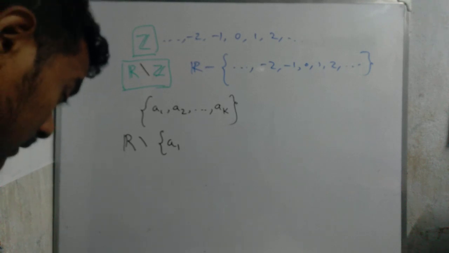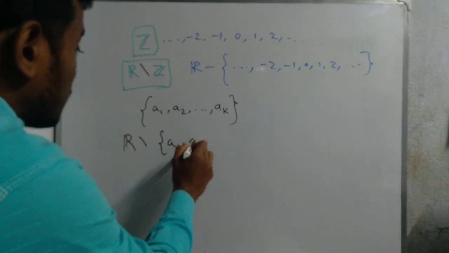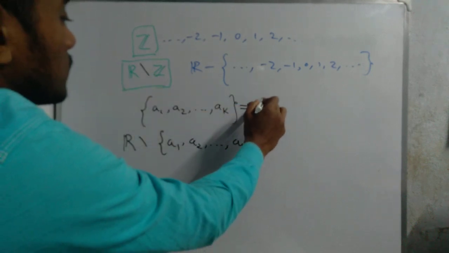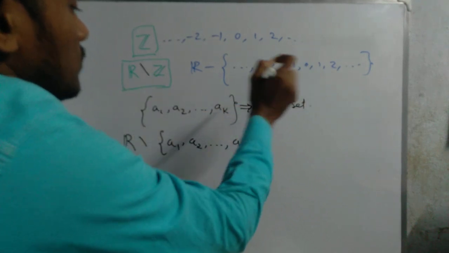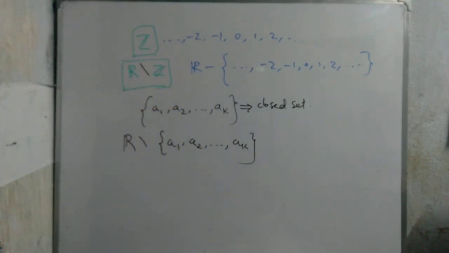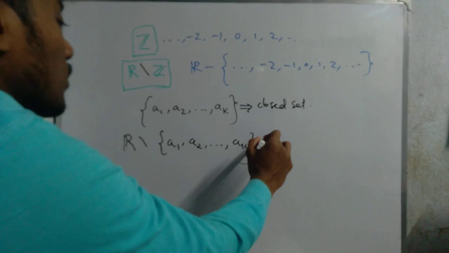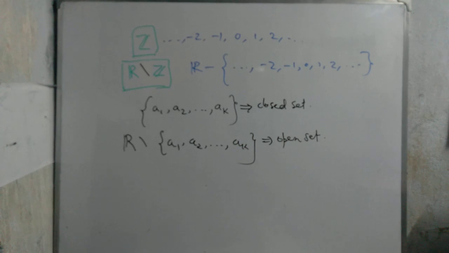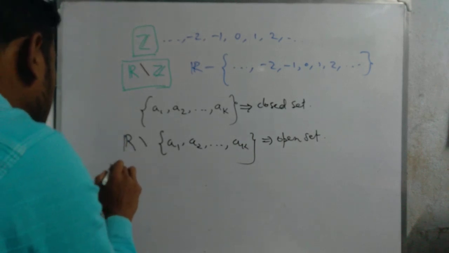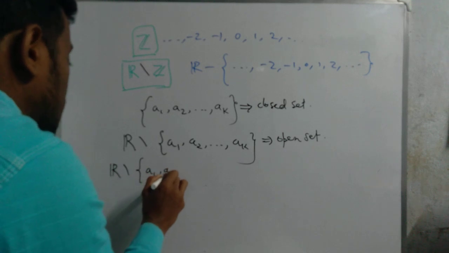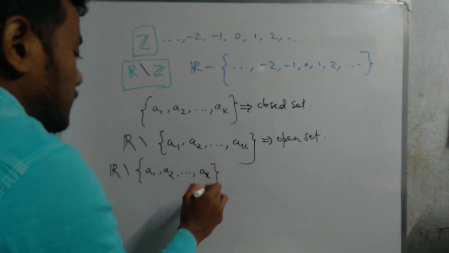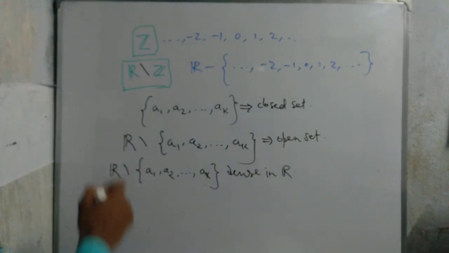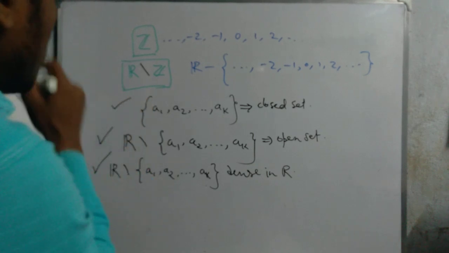Then this is obviously open, because the finite set is a finite union of closed sets, so its complement is an open set. Now this set is dense in R. So we get one open set dense in R in this way.